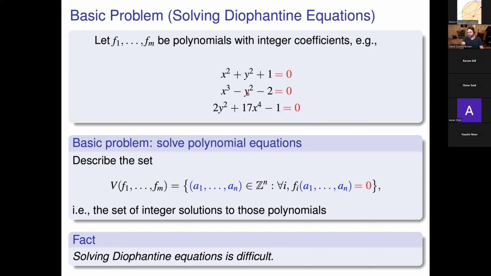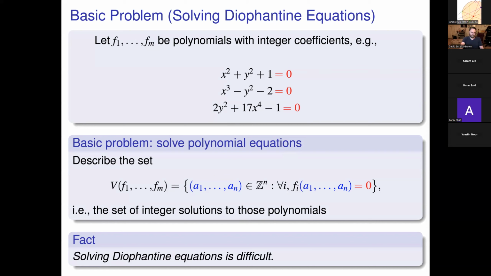Here's a solution, but then finding the other solution of this equation answers that riddle. And then this last equation is especially interesting. It has solutions mod every prime and over the real numbers, but it doesn't have any rational solutions.